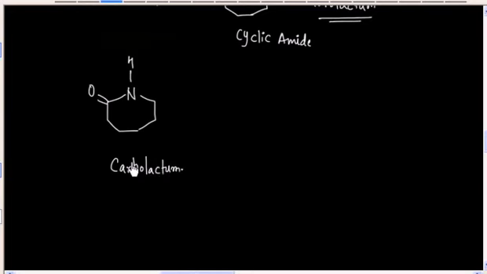And caprolactam is used as a monomer of nylon 6. So this is a monomer of nylon 6.